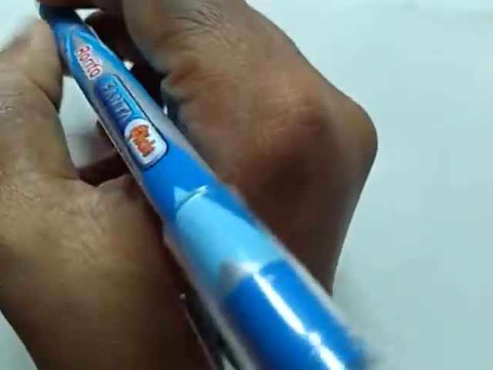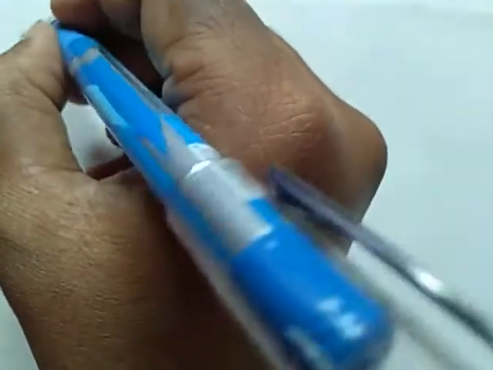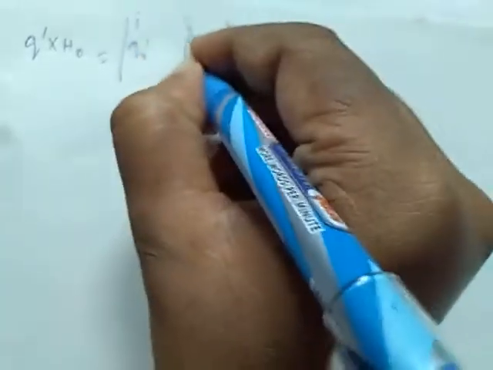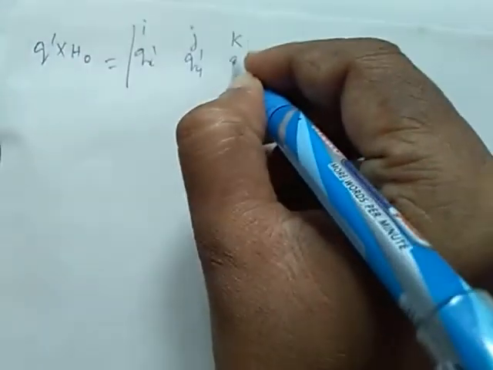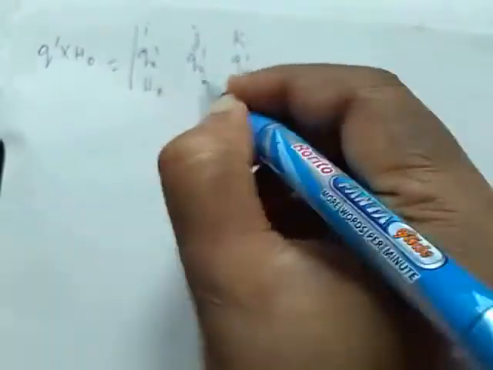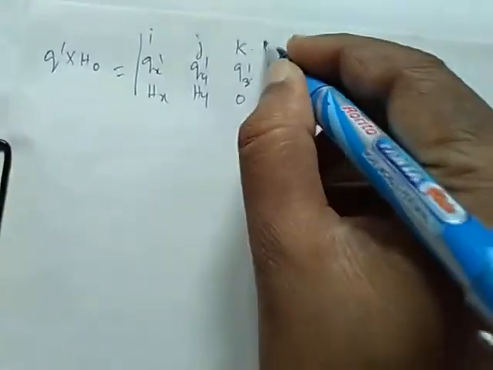So finding the curl of this q dash cross h naught. What is q dash cross h naught? We'll have the determinant of i, j, k; q dash is qx dash, qy dash and qz dash; and h naught is hx, hy and 0.